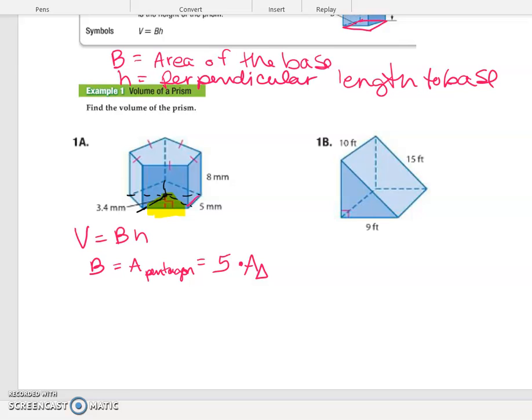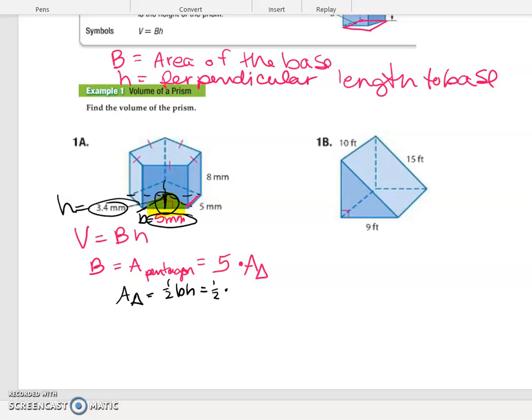So all of the sides are 5 millimeters here, so that would include this side. And so that's our base and our height of our triangle here. So the area of a triangle is 1/2 base times height.